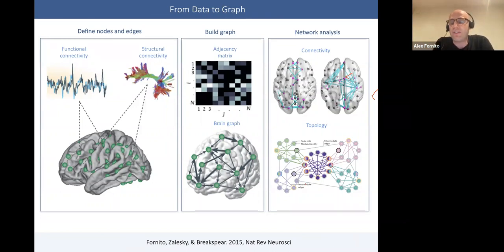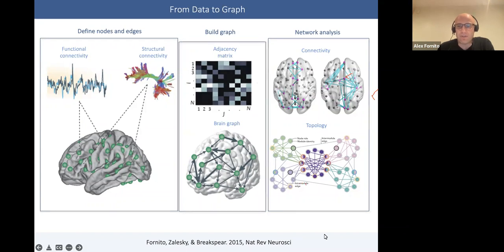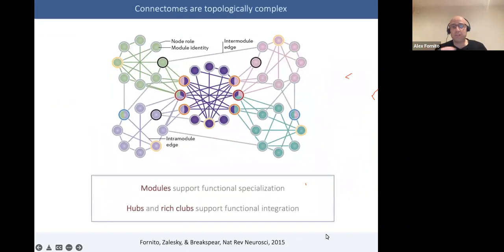We can use graph theory to derive lots of different measures that allow us to quantify different topological properties of brain networks. There's certainly been a lot of work that's gone into trying to understand what the key topological properties of human brain networks, and brain networks more generally, are. I'm just going to focus on a couple of key ones that have received a lot of attention in the literature.